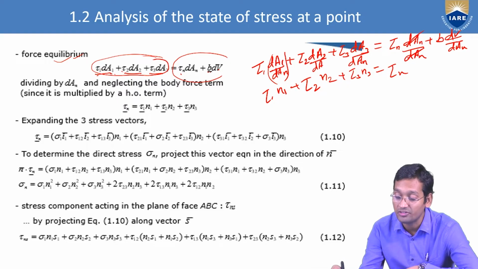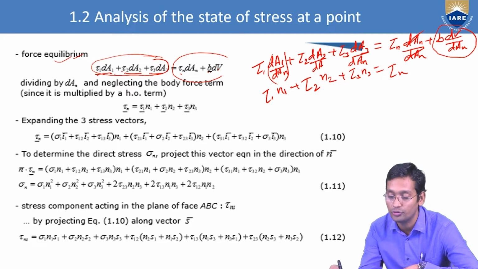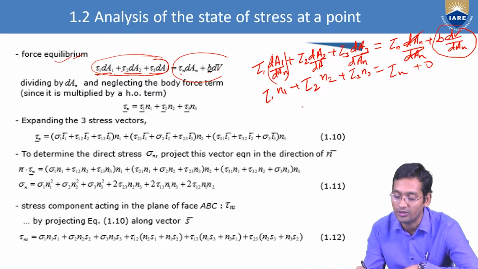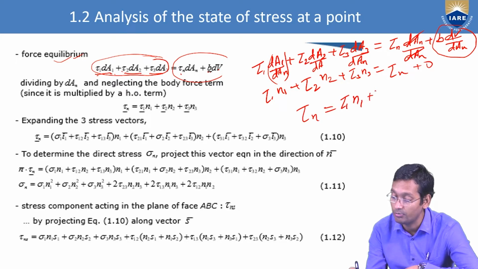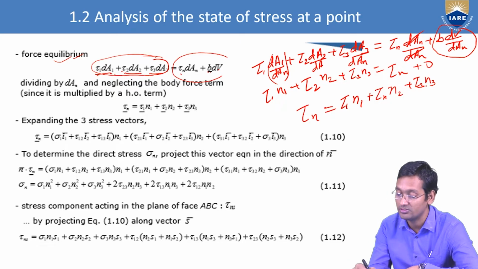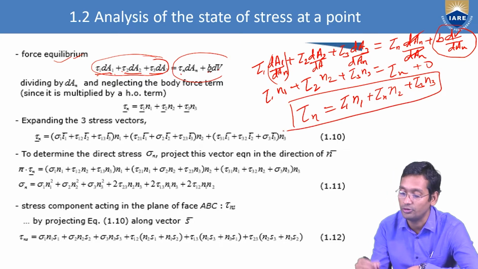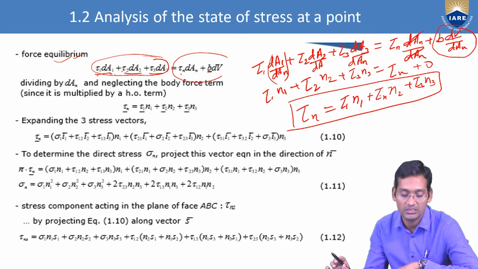And already we mentioned that body force is negligible, that vanishes, so this term will be 0. So finally, tau n will be equal to tau 1 n1 plus tau 2 n2 plus tau 3 n3. This equation we had already seen. For equilibrium, this must be satisfied.